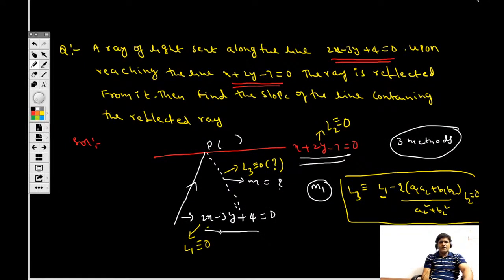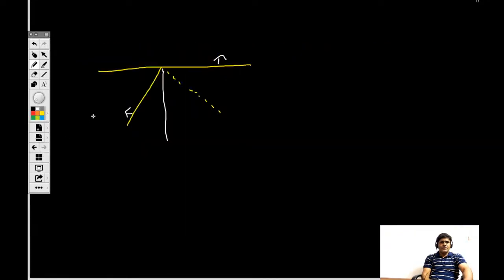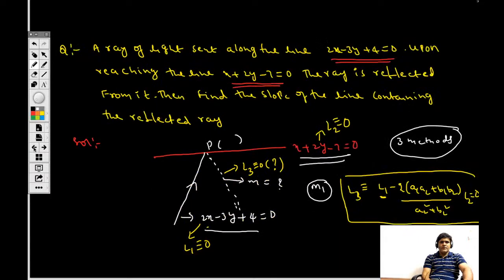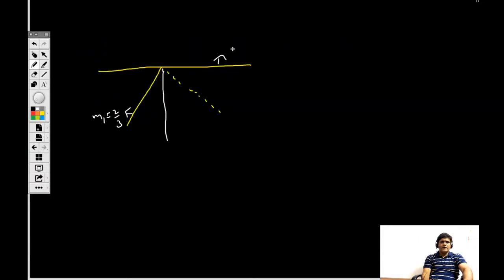First line slope is minus 2 by 3, m1. The second line, the mirror, has slope m2 minus 1 by 2. So this is the normal. What is the normal slope? The slope of the normal is minus 1 by m2, that is 2, because these two are perpendicular. This angle is 90 degrees. This is the normal.